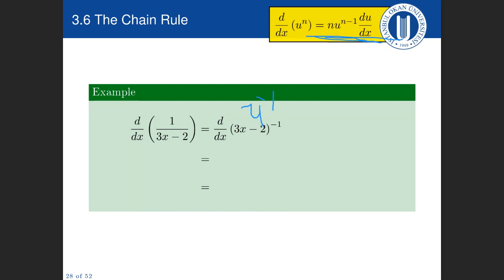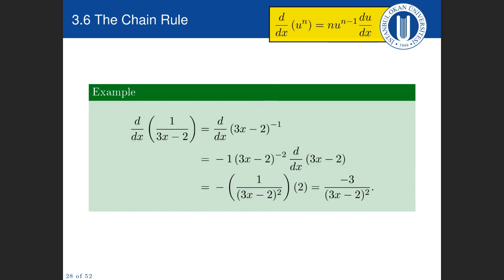And the formula at the top says that's minus 1 multiplied by u to the power minus 2 du/dx. So that's minus 1, 3x minus 2 to the power minus 2, multiplied by d/dx of 3x minus 2. And that simplifies to minus 3 over 3x minus 2 squared.